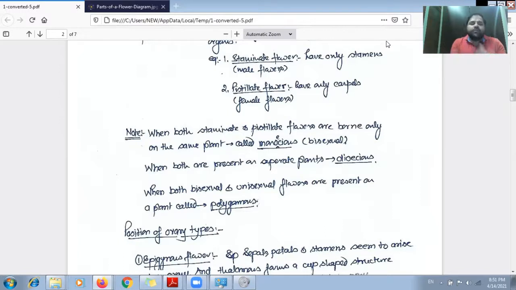Means when both bisexual and unisexual flowers are present on the same plant, then the plants will be called as polygamous plants. We can see that there are three categories of the plants on the basis of presence and absence of the sex organs.